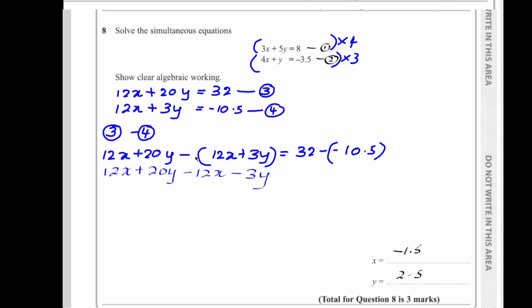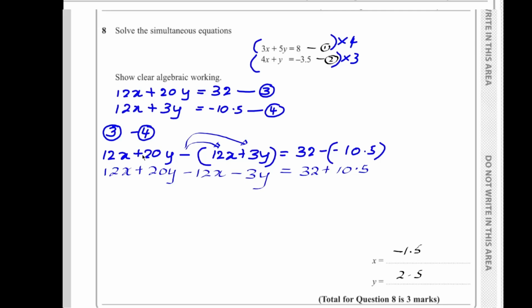When there is a minus sign before brackets, you need to multiply each and every term by the negative sign. This negative sign is included to this one as well as to this one. If in case you are getting here -3y, then the negative should be written as plus 3y. Afterwards, 32 plus 10.5, because here also there is a minus, so you have to add them.